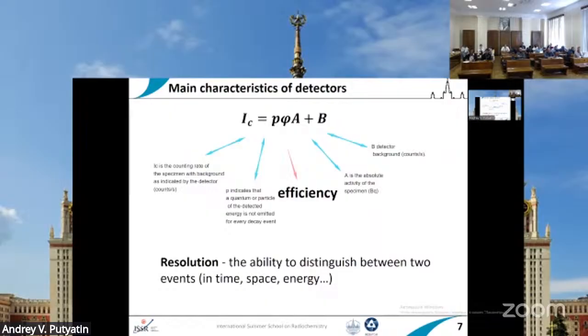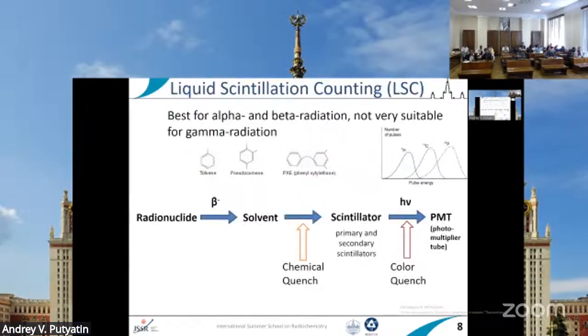We will see it a bit later. So efficiency and resolution are the properties of the detector, and probably the main properties of the detector. Of course, there is also the cost of the detector, which is very important, but from the technical point of view, it is efficiency and resolution.